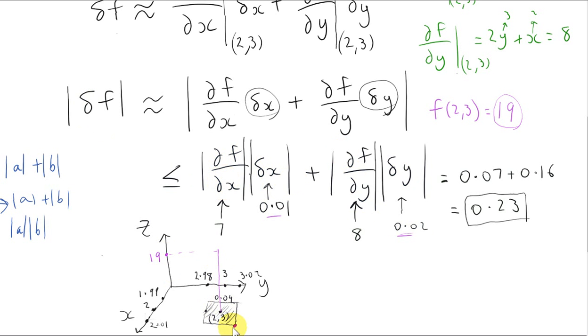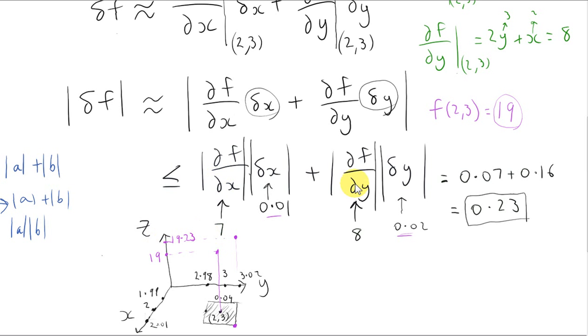So the largest delta f occurs at this point here. So the maximum value of the function in this region must be at this point, because delta f is the difference in these two values. And this value here is 19 plus 0.23. So this value is 19.23.